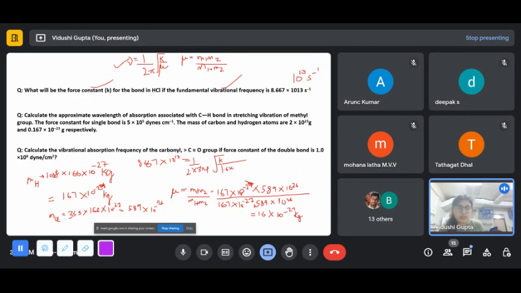So what will be the value of k? It will be approx 483.1.